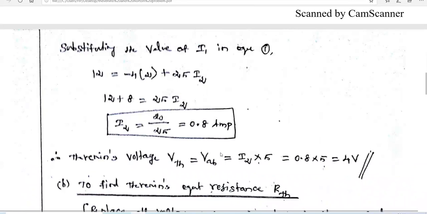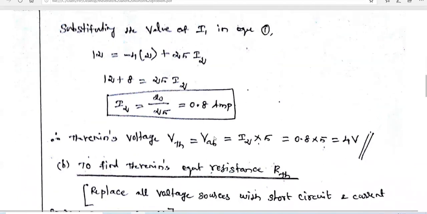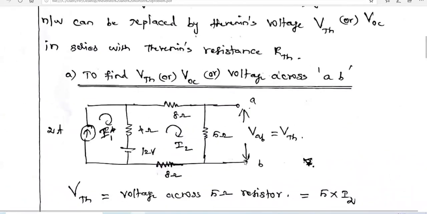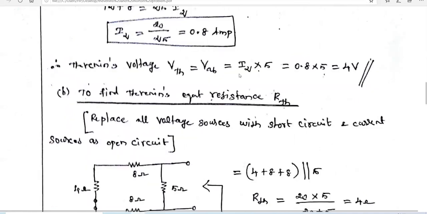What is our aim? Our aim is to find Thevenin's voltage. Thevenin's voltage is nothing but the open circuit voltage across the terminals A and B. You see the diagram: the voltage across terminals A and B is the voltage across this 5 ohm resistor, since A is connected here and B is here. So VAB is the voltage across this 5 ohm resistor, which is the current through the 5 ohm resistor multiplied by 5.